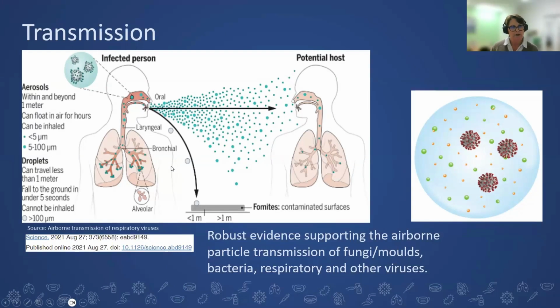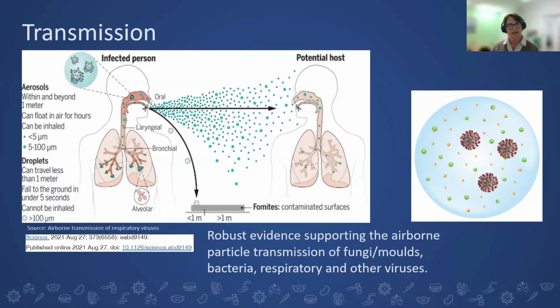And when we look at these aerosols, which generally tend to come from the lower respiratory tract in the bronchioles, when they're coughed out or sneezed out or released by some other expiratory activity, because they're light and they can float, they go a lot further. So they can go beyond the traditional 1 to 2 meters that we talk about, and therefore they can be inhaled. Up to 100 micrometers can be inhaled.